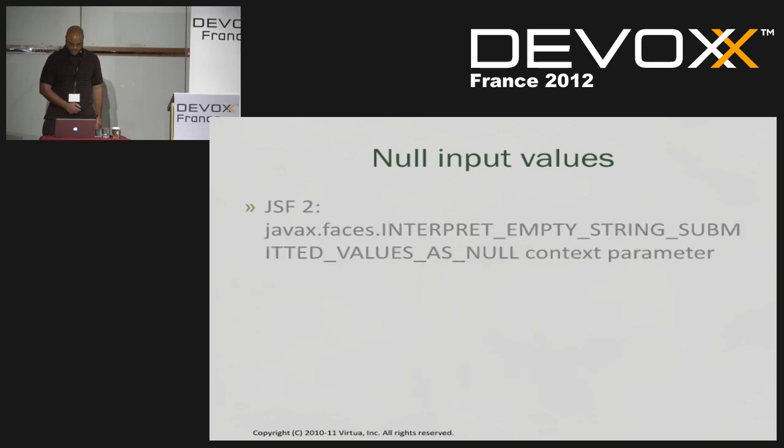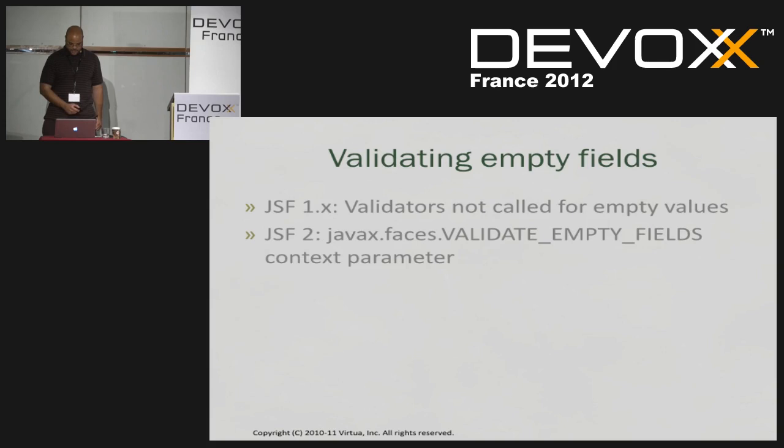All right, so for validating empty fields, in JSF 1.x, validators are called for empty values. Okay, which some people find very annoying because the value is empty. Why are you calling the validator, right? You can turn that off in JSF 1.2 by turning validate empty fields to false. Okay. So a couple things to keep in mind.